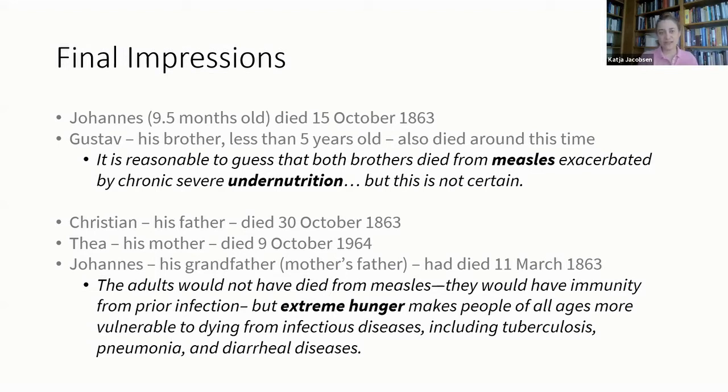They would have had measles as children, so they wouldn't have been dying of that as adults, but they may have been dying of tuberculosis, which is exacerbated by undernutrition, pneumonia, diarrheal diseases, any of those things that people who are undernourished are more vulnerable to getting, and when they get them, they're less likely to survive. So unfortunately, in this situation, we don't have certainty, but it looks like they were a chronically undernourished family, at least during those years in the early to mid 1860s.